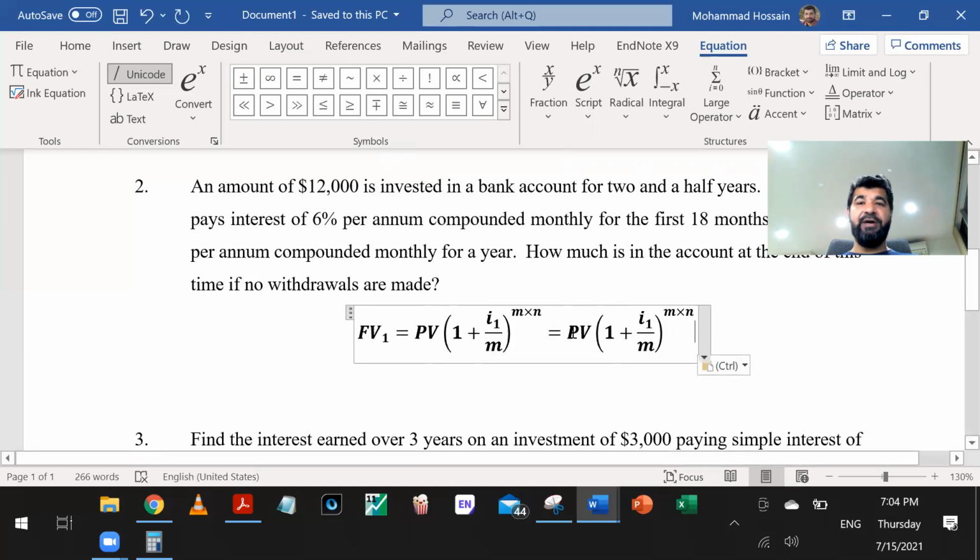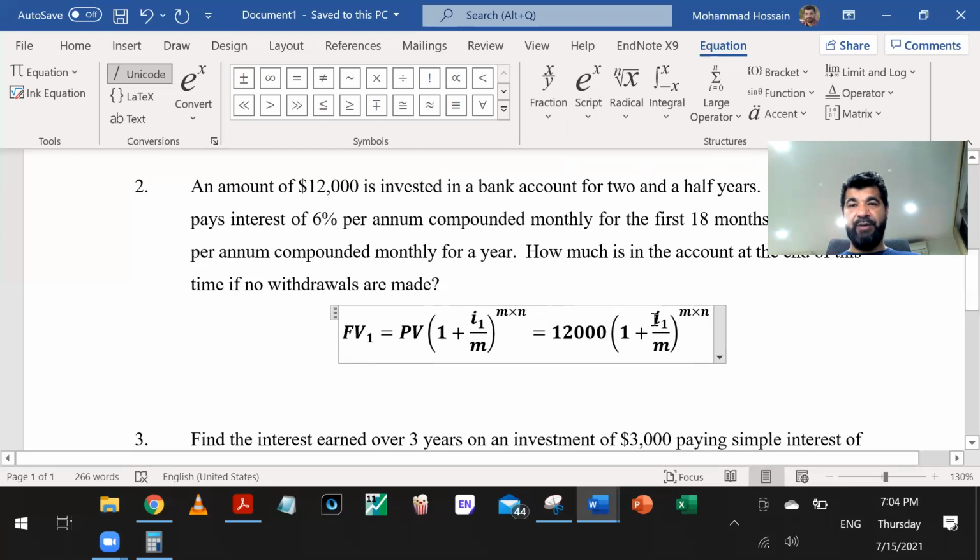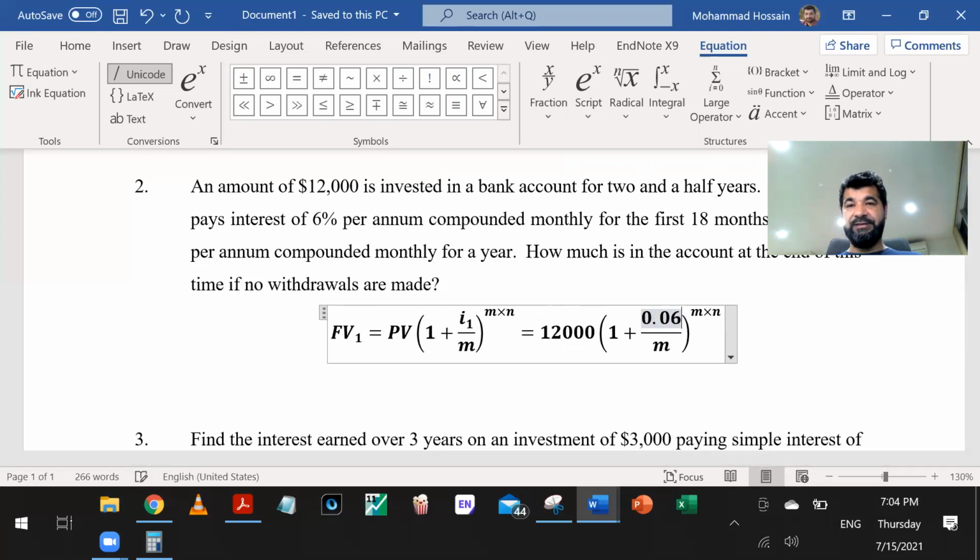Here, our present value is how much? $12,000. 12,000 times 1 plus I1, which is 6%, right? 0.06 divided by M, monthly 12, to the power M into N. 18 months, they said already, so we don't have to do 18 into something else.